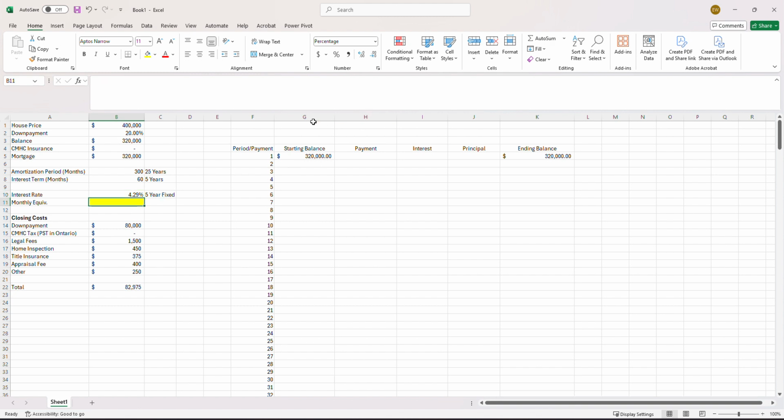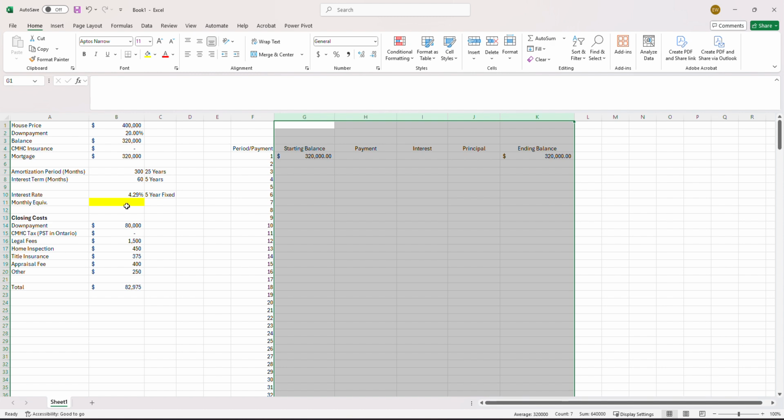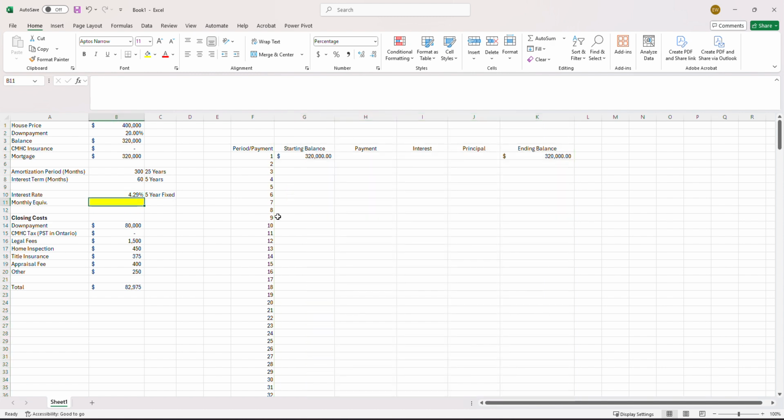And so in order to build this table, you need to convert the interest rate to a monthly effective rate. You can do that by taking 1 plus the interest rate, dividing it by 2. You divide it by 2 because it's compounded semi-annually, and there are 2 semi-annual periods in a year.